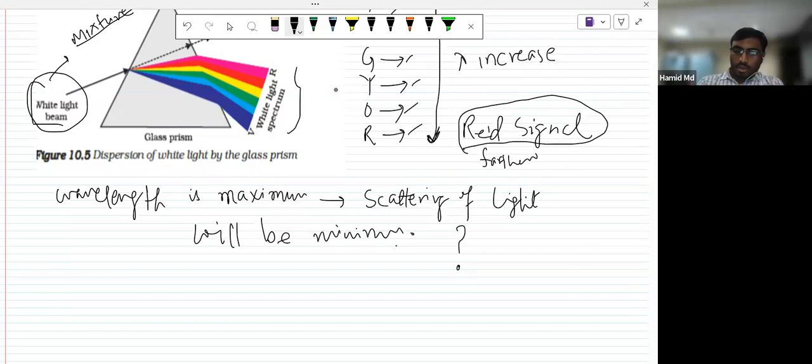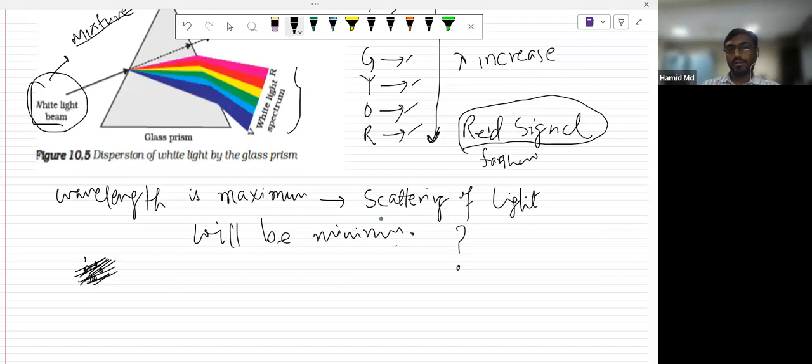That's good. So, as he said, the light will collide with the particles. The light which has high wavelength has less probability of colliding with the particles present in the medium.